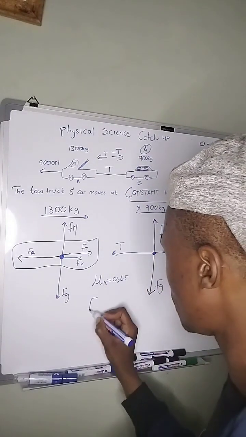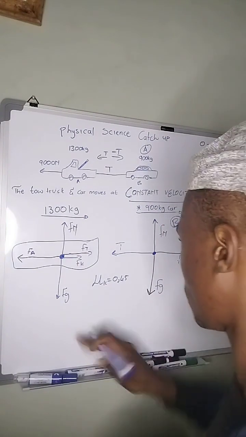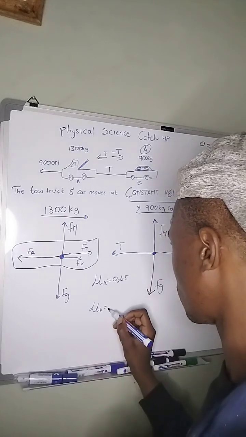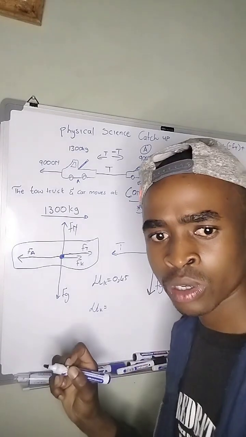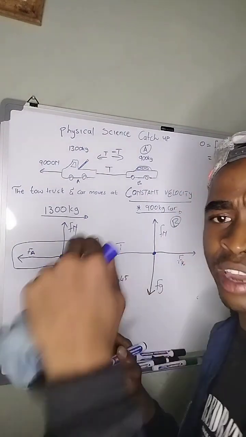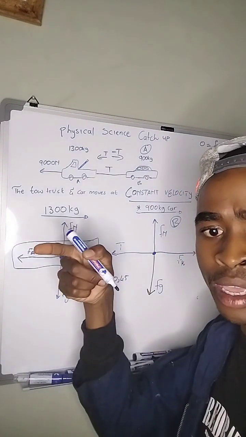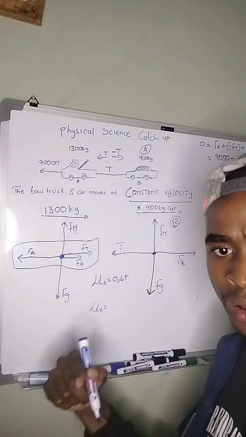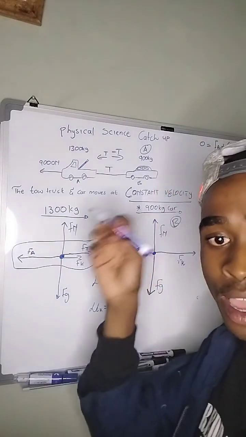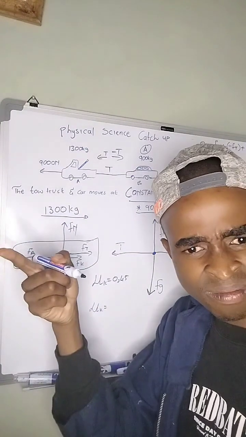So it's going to be Fn equals, no, sorry. This is the ratio. Is it N on top and Fk on the bottom, or is it Fk on top?